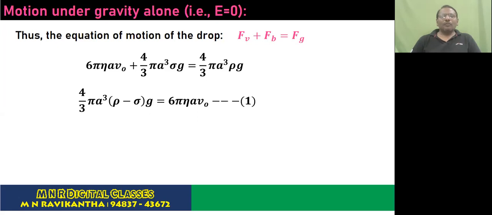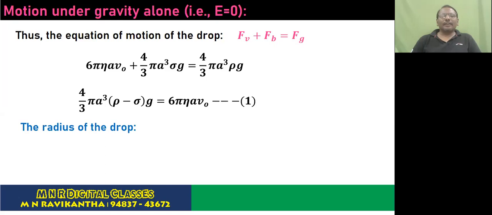Rearranging the terms, 4 by 3 pi A cube into (rho minus sigma) g is equal to 6 pi eta A V naught. Call this equation 1. The term on the left side of equation 1 gives us the effective weight of the drop, which is equal to the viscous force.